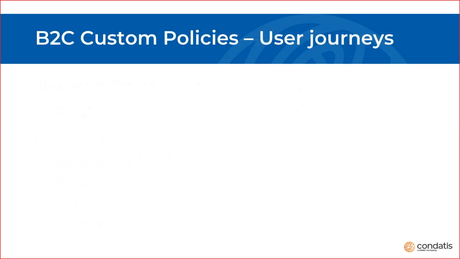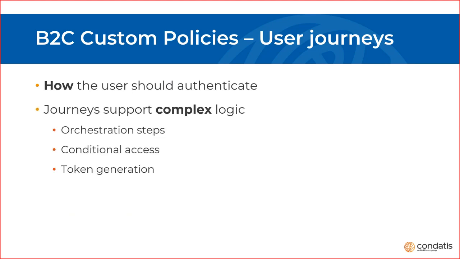User journeys are what tie everything together. They define how the steps combine, how the user should authenticate. They support complex logic through the use of orchestration steps, which are the order in which components should be executed, through conditional access, which is whether particular steps should be executed given the current state, all culminating in issuing a customized token that can be consumed by the relying party, and that token can contain information that's relevant to the user and to the systems that they're interacting with.